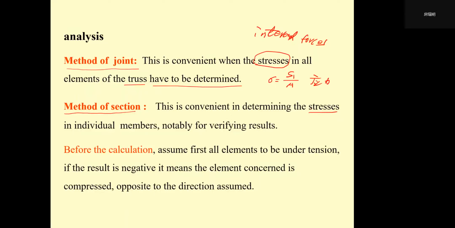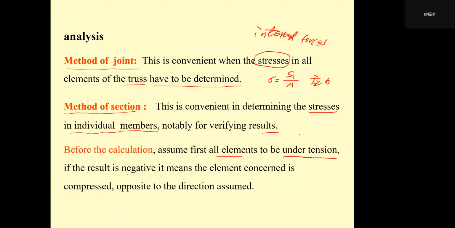So that means, at this time, you can only know that this is convenient in determining the internal forces in some individual members, not all, notably for verifying results, right? And before the calculation, first assume all elements to be under tension. As I said, it will be stretched at two different points, right?